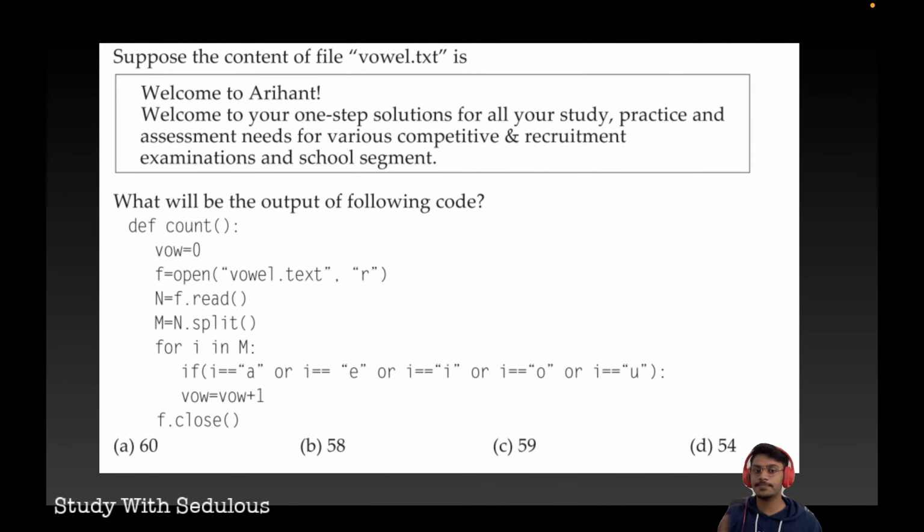E, o, a, i, a, then e, o, u, o, e, o, u, i, o, a, o, u, a, c. No, c is not there. I, e, a, e, o, a.